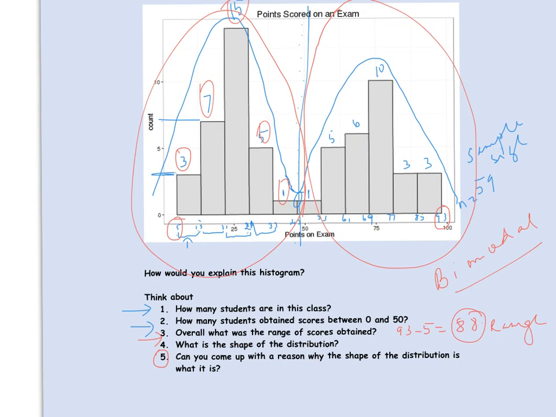I can think of the first group, let's call it group A, and the second group, let's call it group B. You could think of an exam that was given and the students had an option to study or not study for the exam. So it looks like Group A did not study.